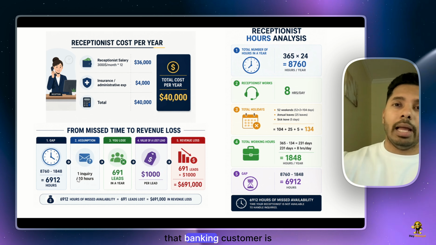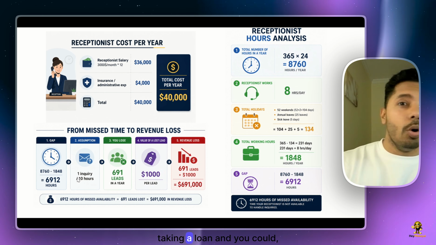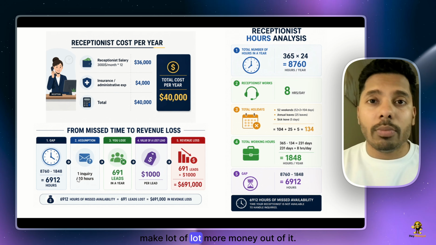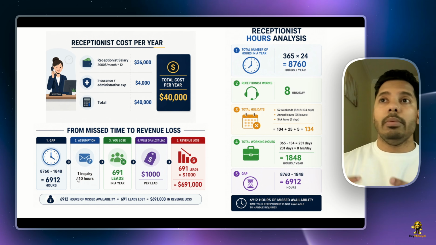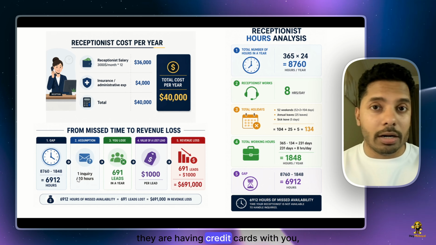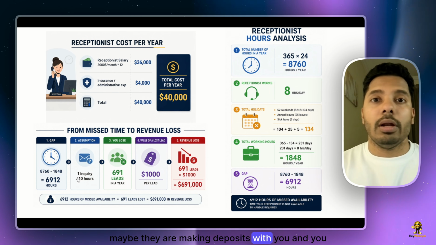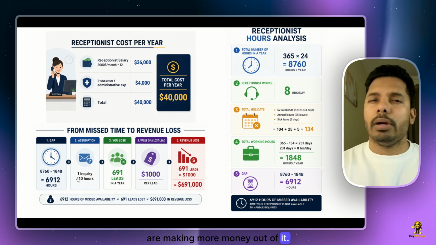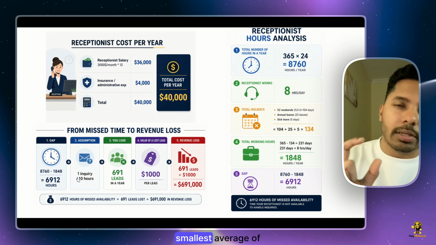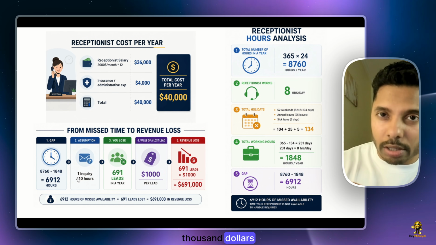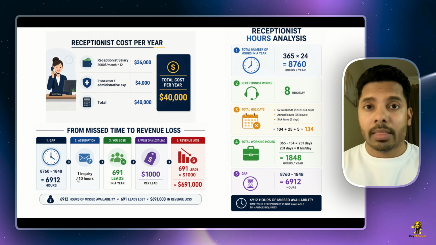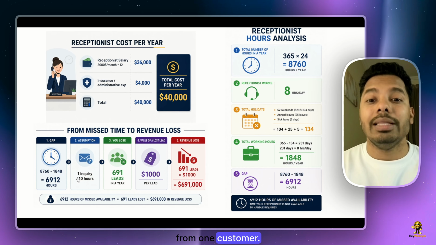Maybe that banking customer is taking a loan and you could make a lot more money out of it.